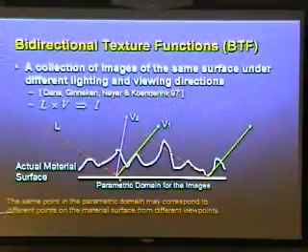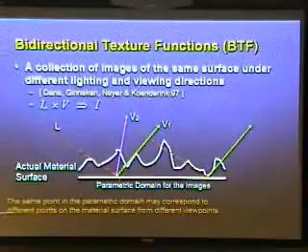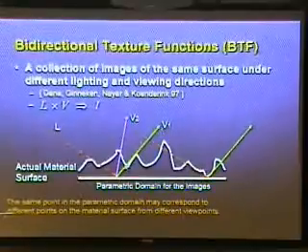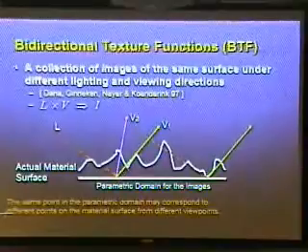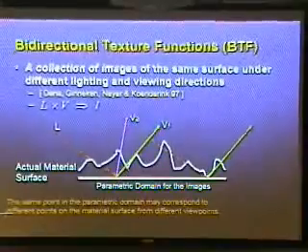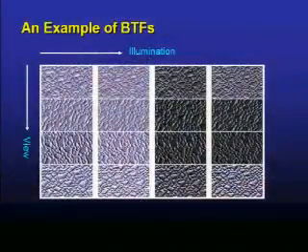Like in the lumigraph, if you put the plane close to the real height value, you get more accurate sampling. If the plane is further away, the sampling rate is going to drop.